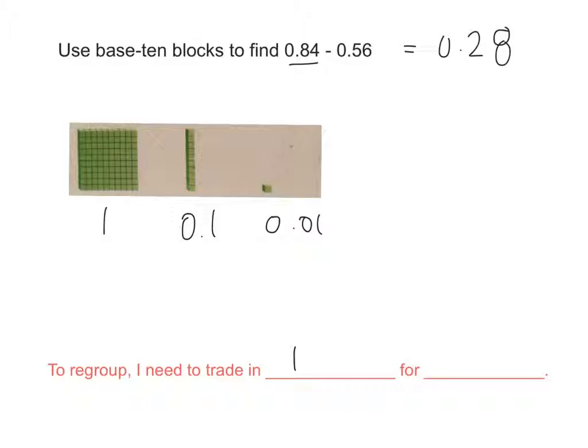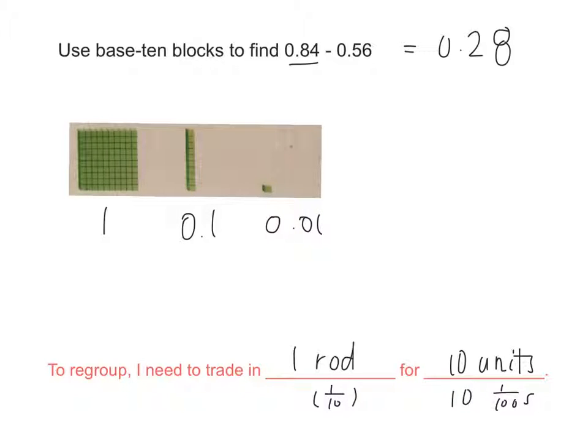And this is called a what? A rod, one rod. I need to trade in one rod, put it away, and take out what? Trade in one rod for, Sarah? 10 units, yeah. Okay. So it's 1/10, right? For 10 hundredths.